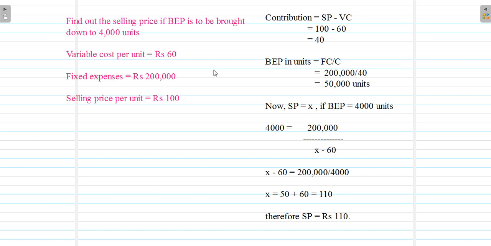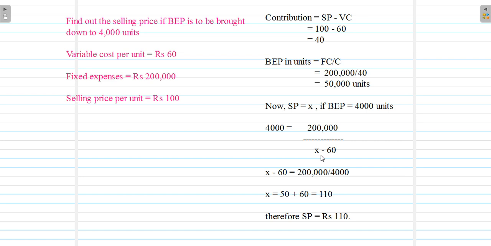Now the second scenario, what will be the selling price if the BEP is 4,000 units? So we know the formula here. So we simply substitute the values that we have in hand in the formula. So BEP in units is 4,000. Fixed cost is 2 lakhs divided by contribution.